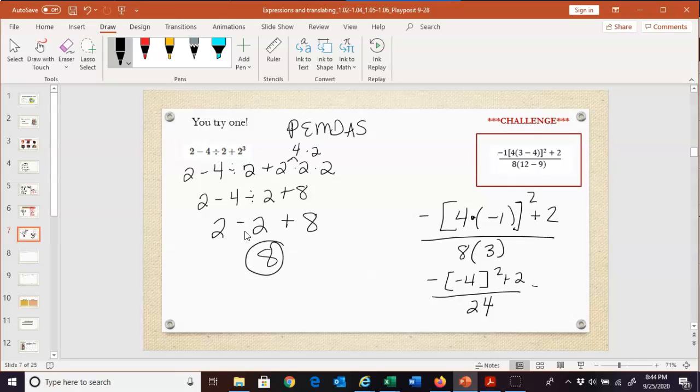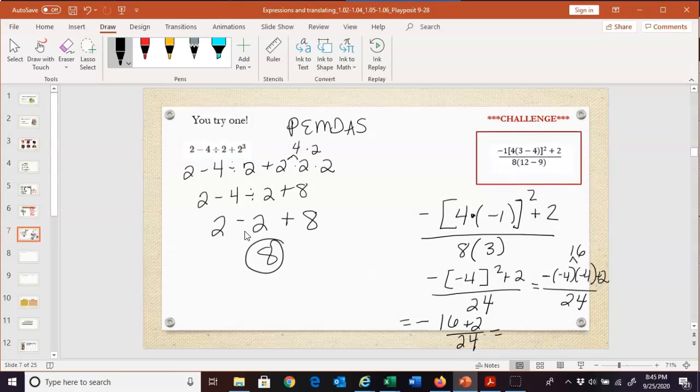Okay, so of course I'm going to run out of room. I always do this. So that top, now we're going to square the negative 4. So we still have this negative here on the outside, so be careful with that. Negative 4 times negative 4, that's a positive 16. But we have the negative out front, so let's bring the negative out front.